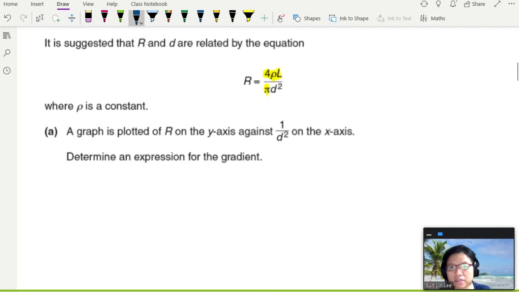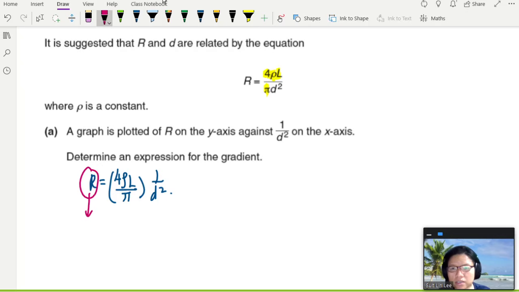So for this question, you can see that I can rewrite the equation slightly, and this will be 4 resistivity length over pi multiplied by 1 over d square. And you can see that this is the y-axis, and this is the x-axis.